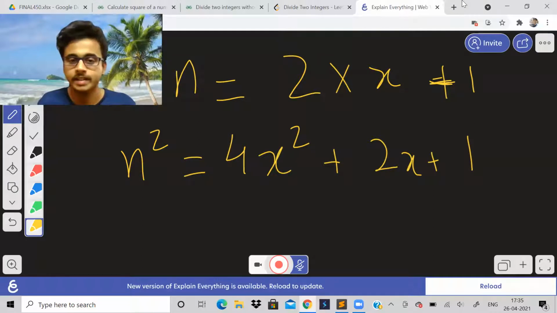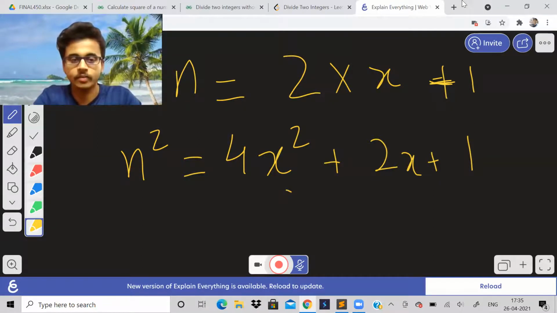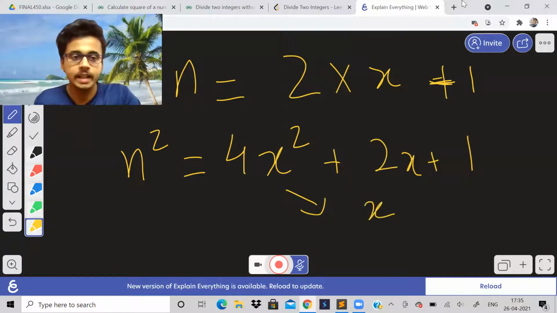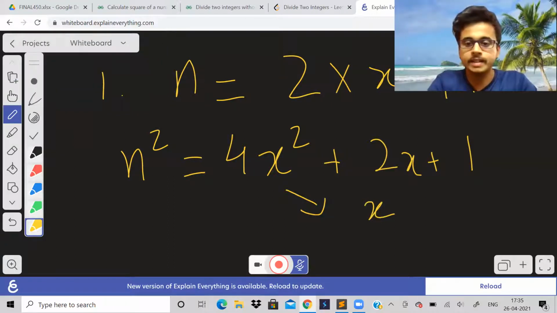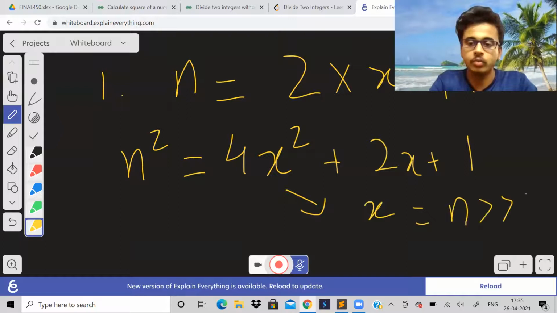So I hope these things are understandable. Over here, first of all, what is x? How do we find out x? Basically, x is nothing but n right shift 1.